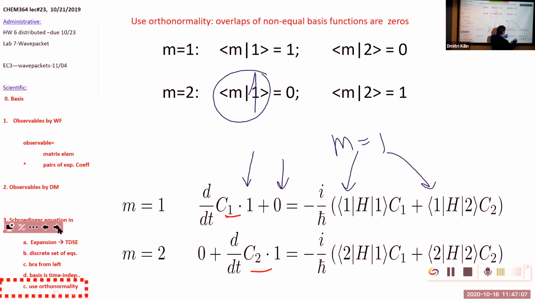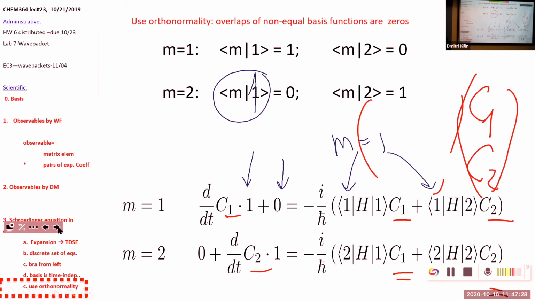If we look here, the first line includes a superposition on the right side. It includes 1 and 2. The second line includes also 1 and 2. So it could be expressed as some matrix multiplying the column vector of C1 and C2.